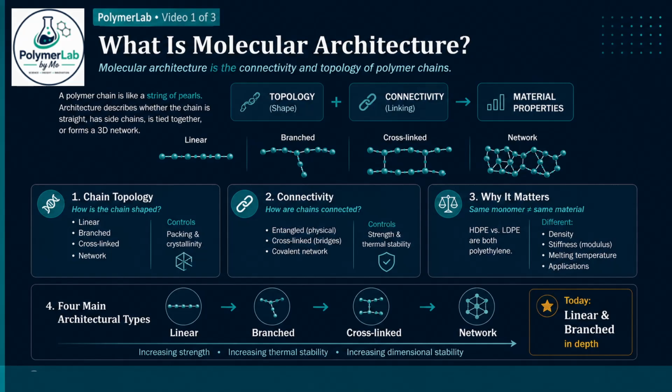A polymer chain is like a string of pearls. Architecture describes whether the string is a straight line, whether it has extra pearl string dangling off the sides, whether the strings are tied together at intervals, or whether they form a three-dimensional mesh.